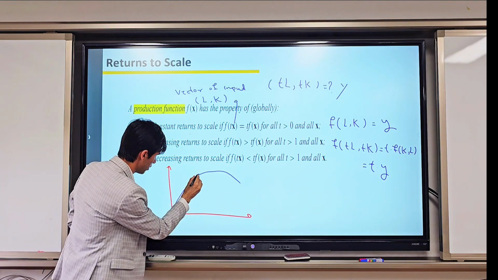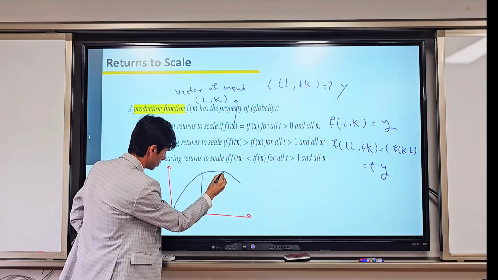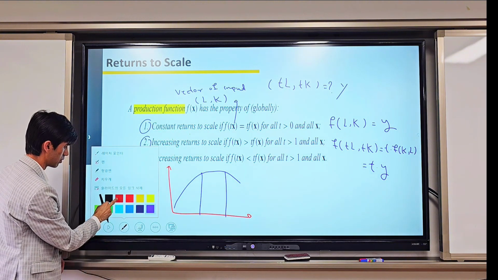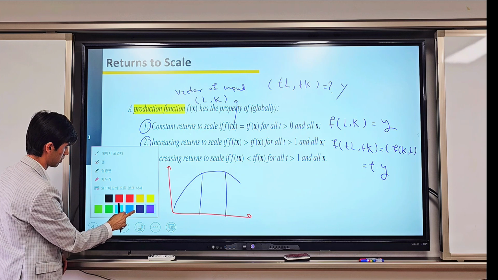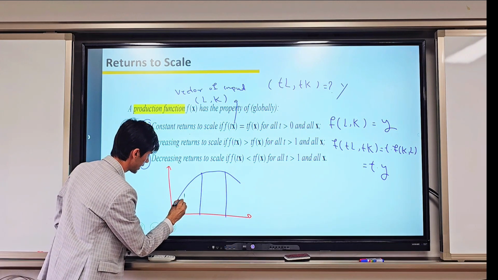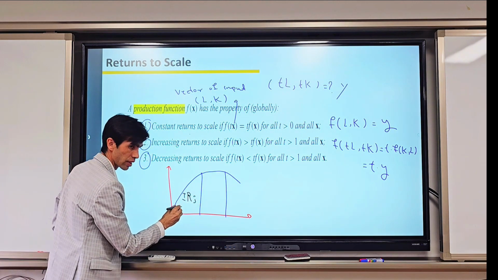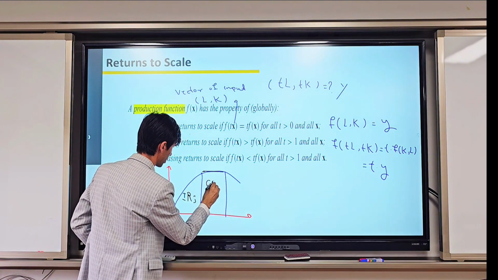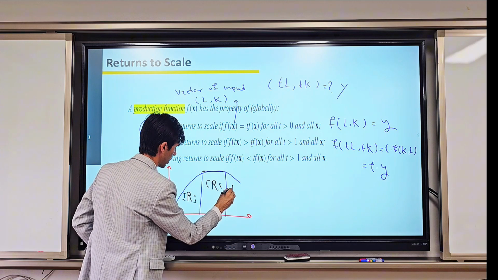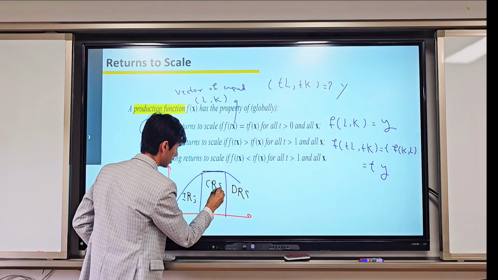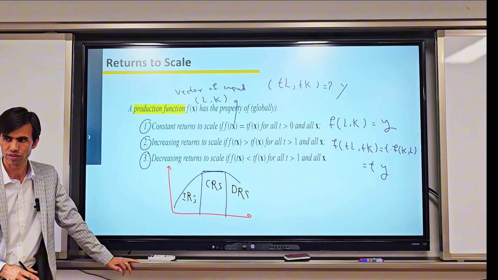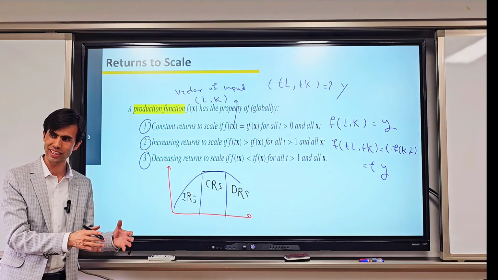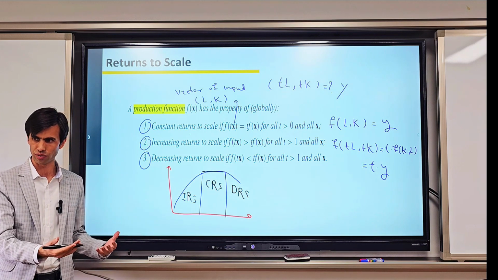In this area, we have increasing return to scale. In this area, where it is something linear, we have constant return to scale. And finally, we may have decreasing return to scale. It depends on which location you're in now. So we cannot say that a company is always located in decreasing, increasing, or constant. It depends on where you are.